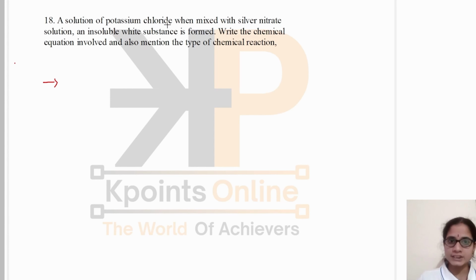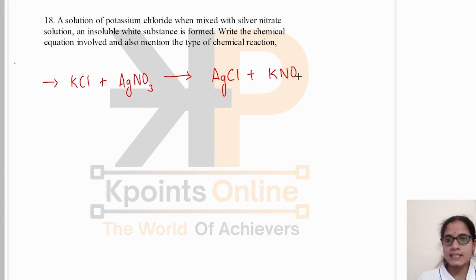A solution of potassium chloride, that is KCl, reacts with silver nitrate, AgNO3, to form an insoluble white precipitate. That is, it undergoes reaction with AgNO3 to form AgCl plus KNO3, that is, potassium nitrate.